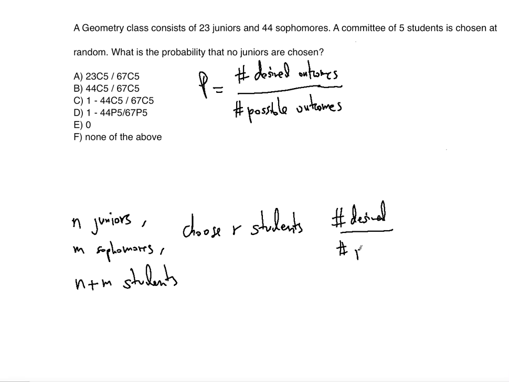divided by the number of possible will be, in this case, we want no juniors, right? So we want only the sophomores. So we're going to choose from the number of sophomores, we're going to choose R, okay?